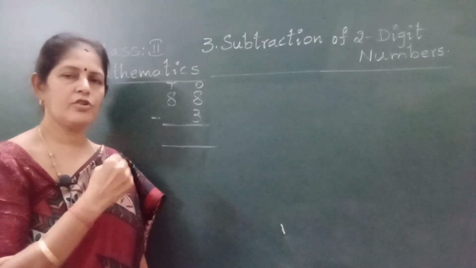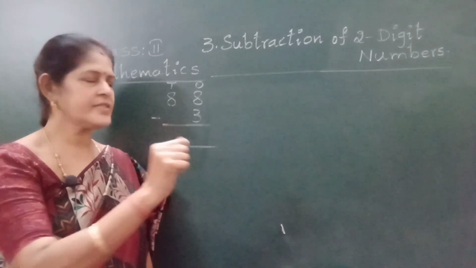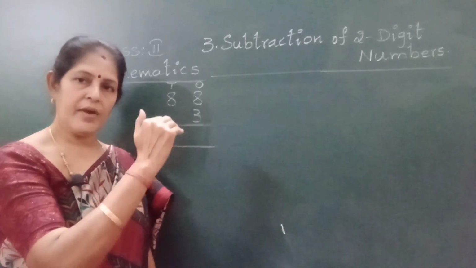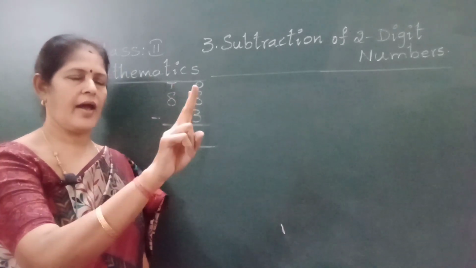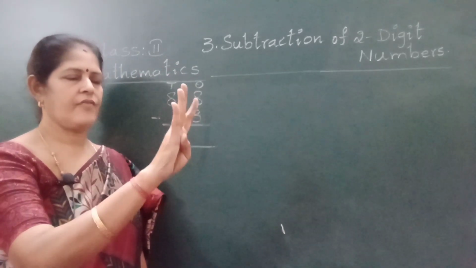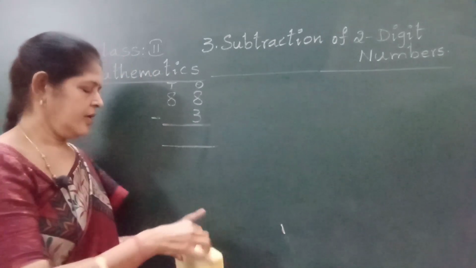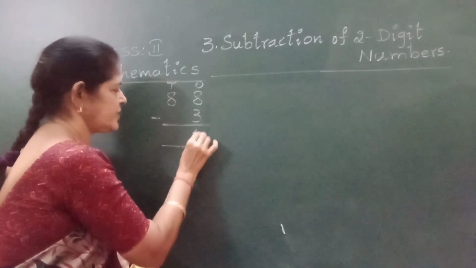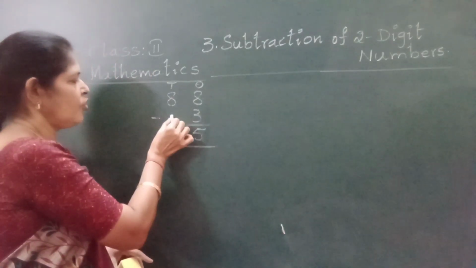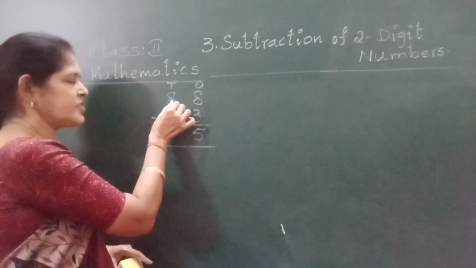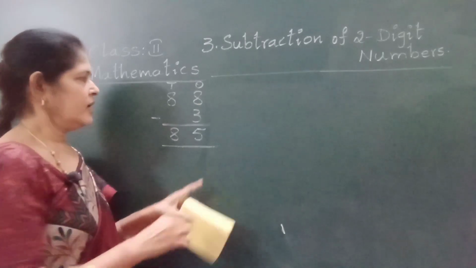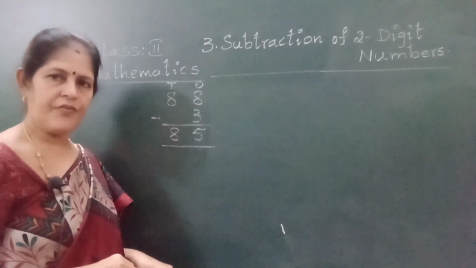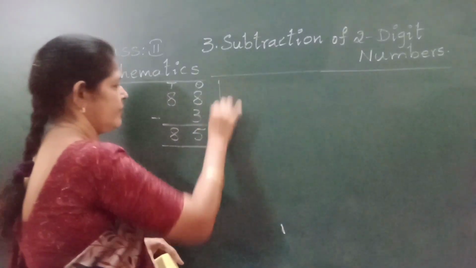Here you have to follow close fingers. 3, after that 4, 5, 6, 7, 8, 5. The difference is 5, write in the ones place. Here no tens. That's why write the same number in the tens column of the answer. Now the difference is 85. Understood? Next one.